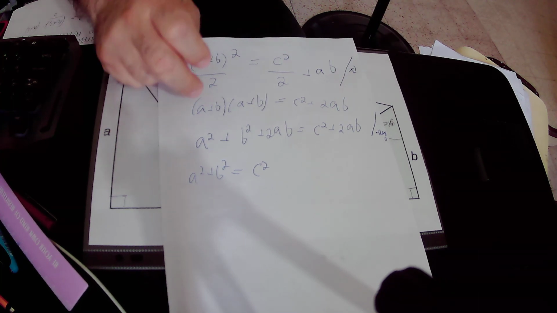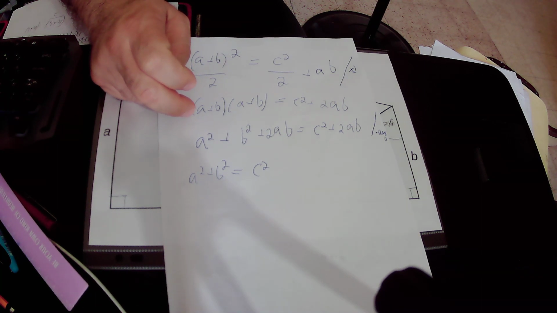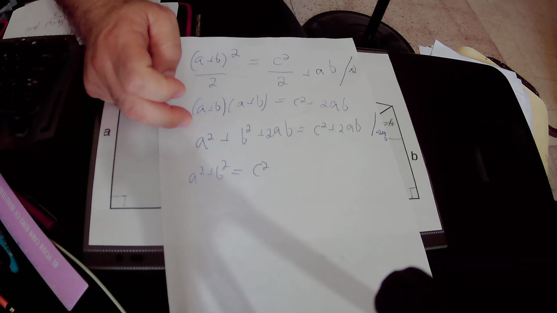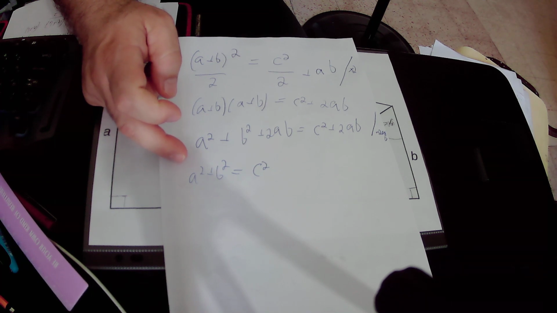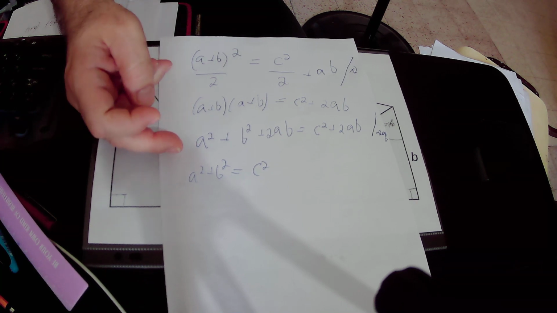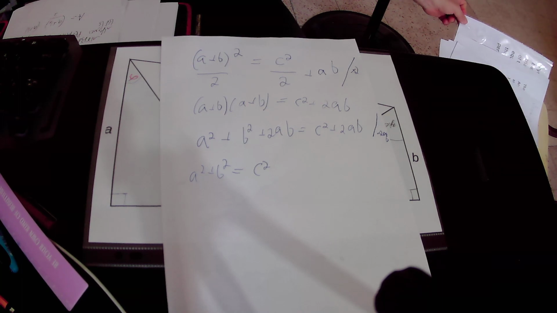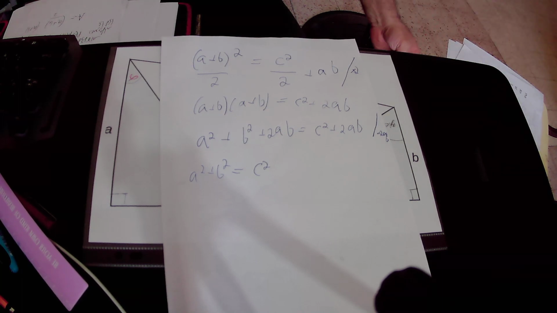Now we should subtract 2ab from both sides of the equation, and the expression that we will get is a squared plus b squared equals c squared, or in words we can say that the square of the hypotenuse is equal to the sum of the squares of the perpendiculars.